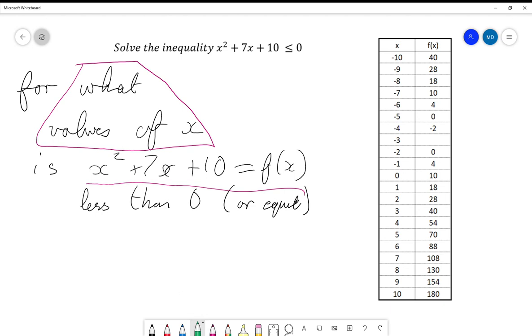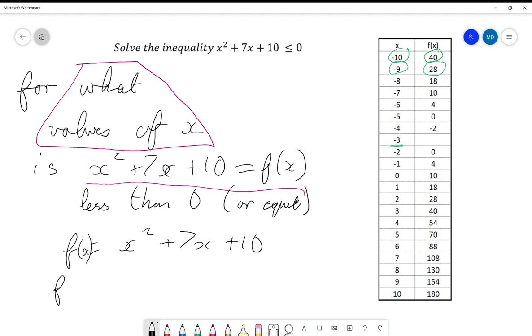Now over here, I've got a table of all the different values. So if I put in x equals negative 10, the equation gives out 40. Our formula, our f of x, gives out 40. If I put in x equals negative 9, I get 28, and so on and so forth. And as a quick reminder of how to do that, let's do negative 3 ourselves. Our f of x is equal to x squared plus 7x plus 10.